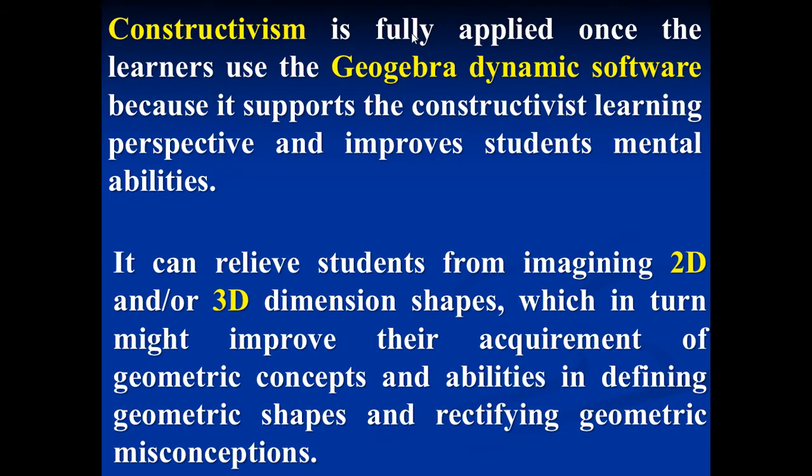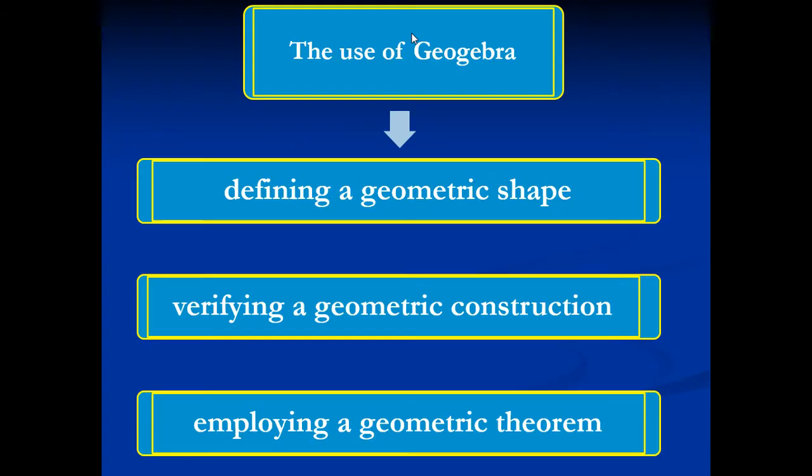Constructivism is fully applied once the learner uses the Geogebra dynamic software because it supports the constructivist learning perspective and improves students' mental abilities. It can relieve students from imagining 2D and 3D dimension shapes, which in turn might improve their acquirement of geometric concepts and abilities in defining geometric shapes and rectifying geometric misconceptions.